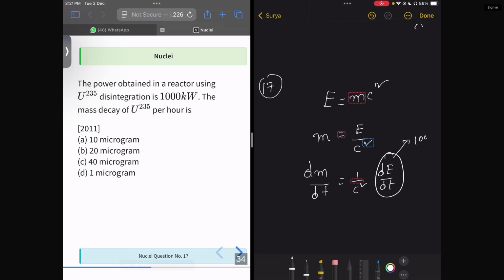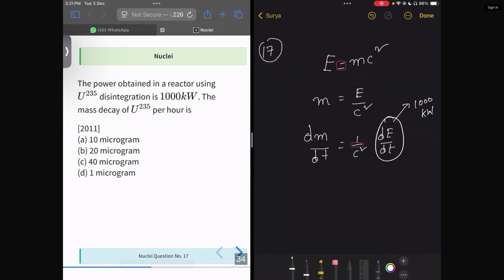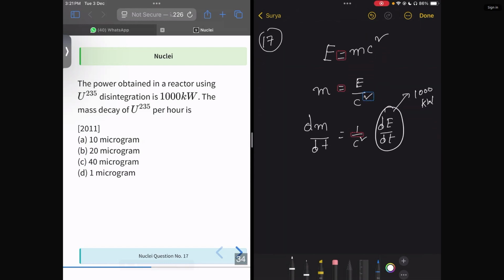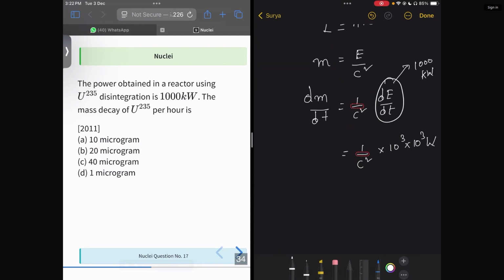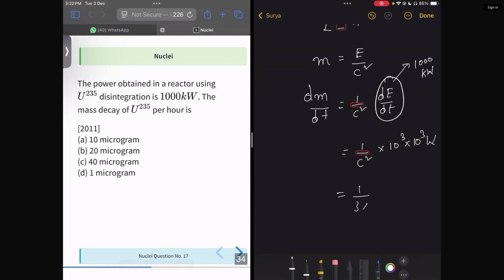It will be 1000 kilowatt, right? So it will be 1 by c square into 10 cube into 10 cube watt. So all are in seconds. So 1 by 3 into 10 power 8 meter square into 10 power 6.